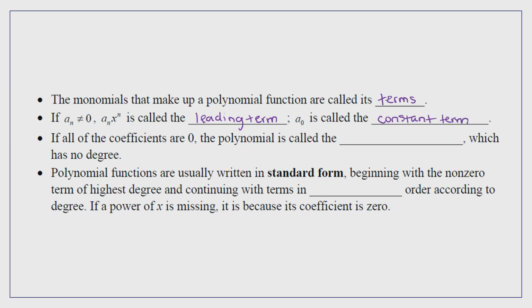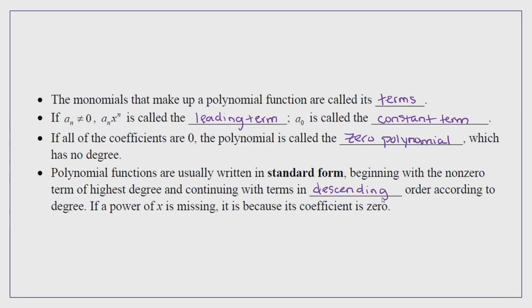If all of the coefficients are 0, the polynomial is called the zero polynomial, which has no degree. Polynomial functions are usually written in standard form, beginning with the non-zero term of highest degree and continuing with terms in descending order according to degree. If a power of x is missing, it's because its coefficient is 0.